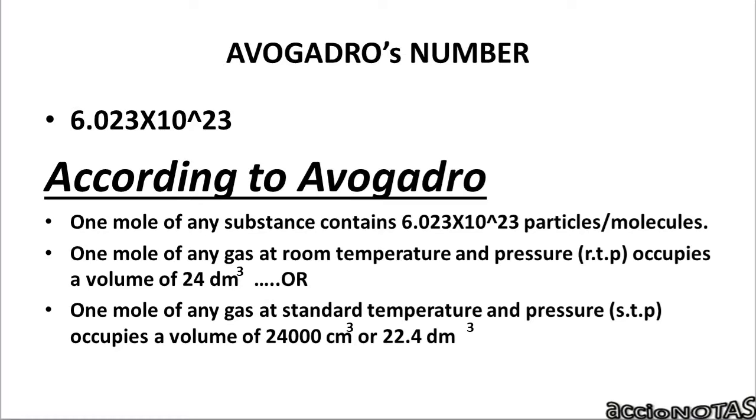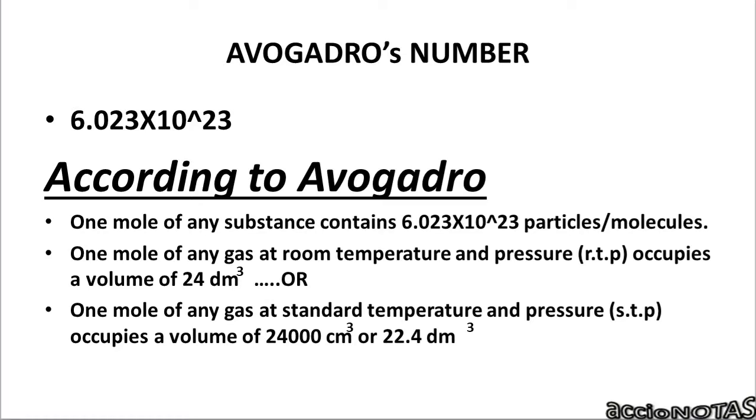Avogadro's number, the magic number, and you have to know this number all the time, and it will be included during your mathematical chemistry questions in your O levels. According to Avogadro, a scientist, 1 mole of any substance contains 6.023 × 10^23 particles or molecules.